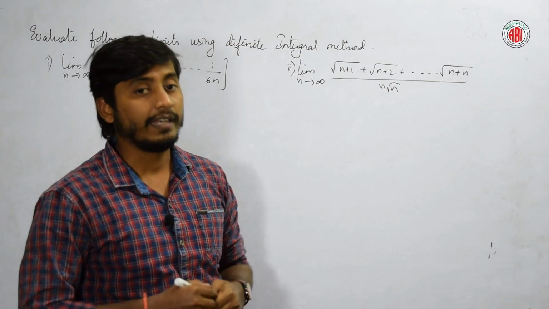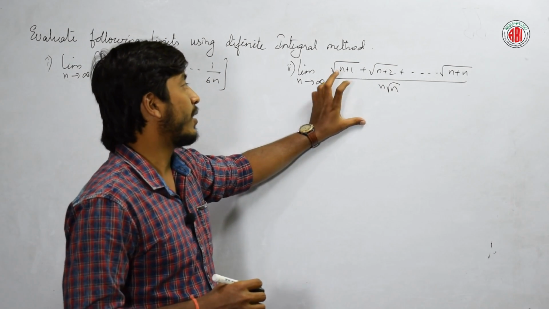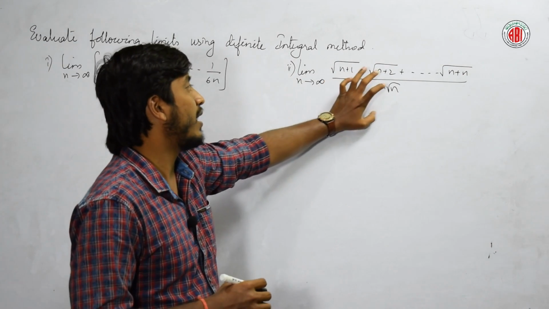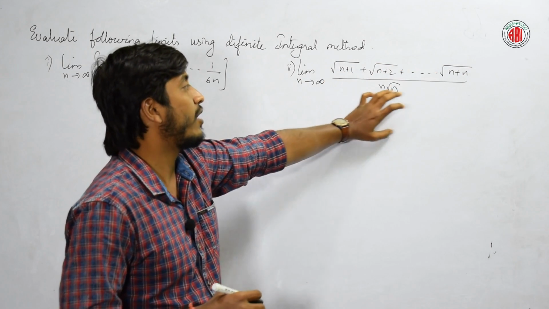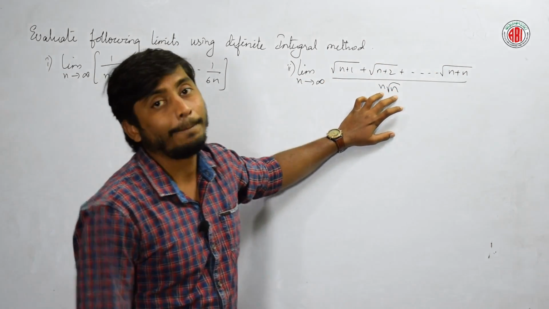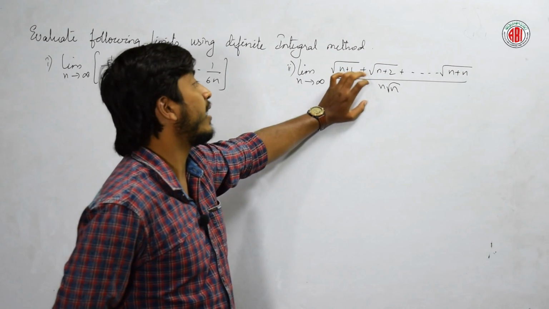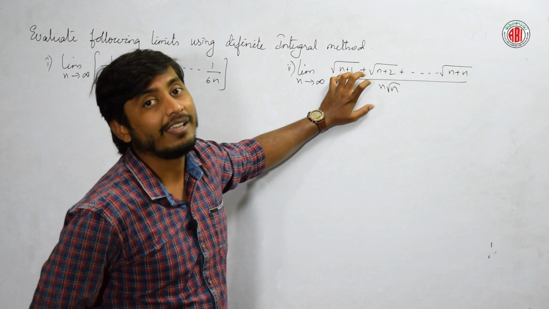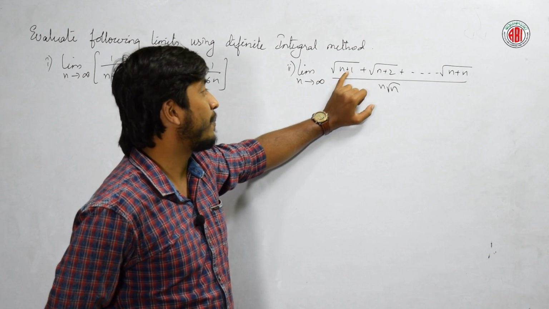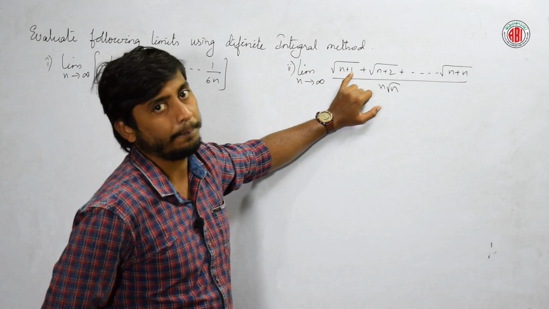Clear? Just see here, the question is given as root n plus 1, root n plus 2 and so on up to root n plus n, divided by n root n. The denominator is fixed, we need not change it. But what about the numerator? What is the general term for it? The general term is root n plus r.